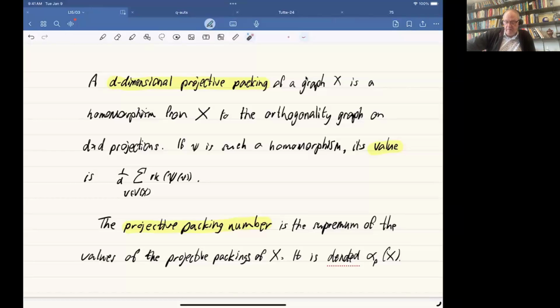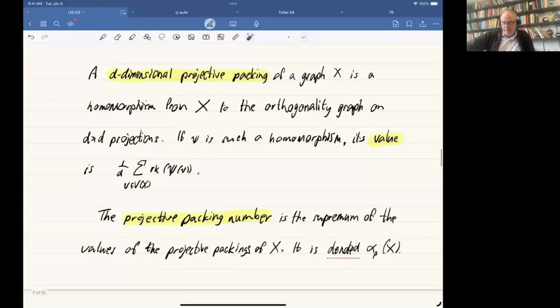Okay, so that's the value of a projective packing. And then the projective packing number is the supremum of the values of the projective packings of X. And just to make things confusing, it's denoted by alpha sub P of X. I started life in group theory, so P is always a prime, so I don't like that very much. And Q is a prime power, but we won't go there.